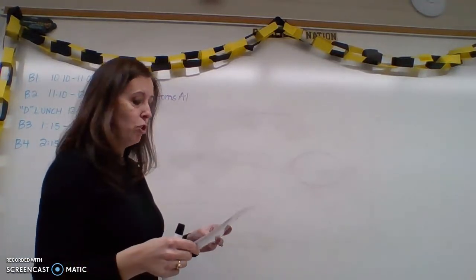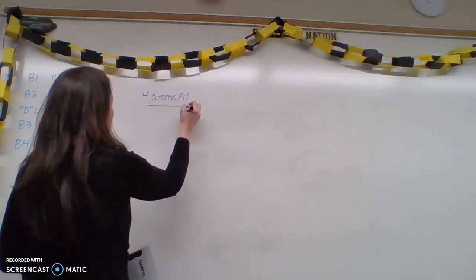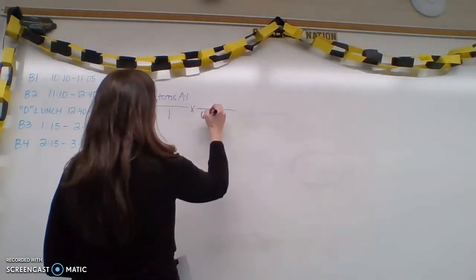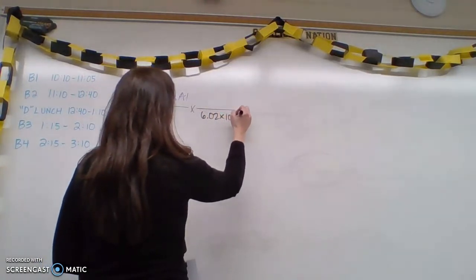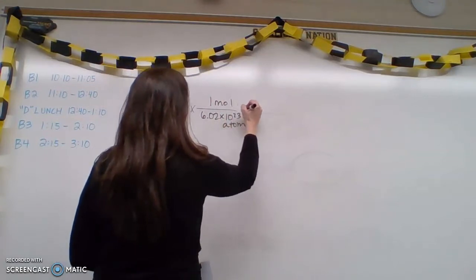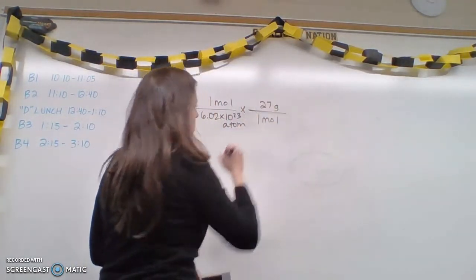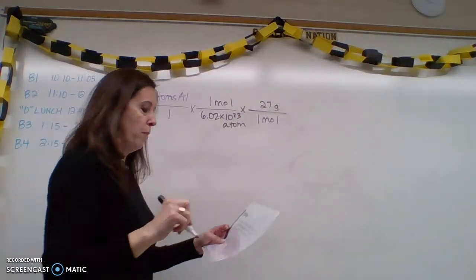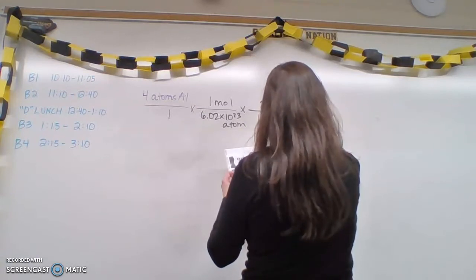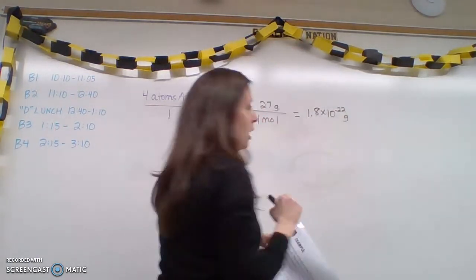Because I told you that it was face-centered, and all face-centered has 4 atoms. So I'm going to find out what the mass of these 4 atoms are. Well, the first thing I'm going to do is convert to moles using Avogadro's number. And then I can convert to grams. Moles gets 1, grams gets the number from the periodic table. And so the mass of 4 atoms should look something like that.